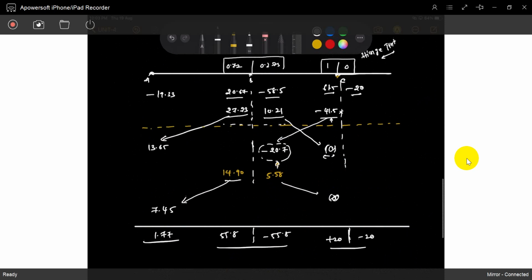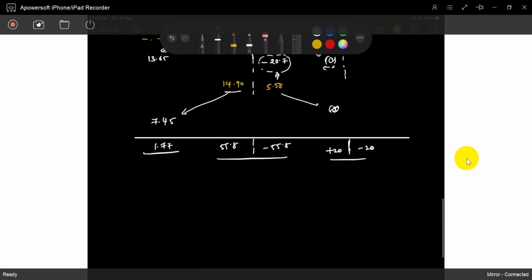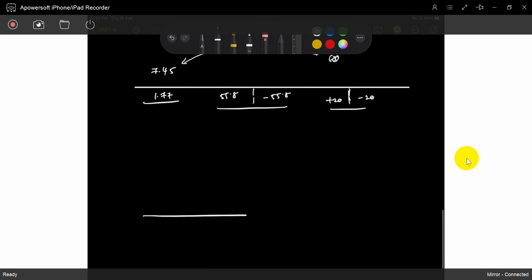That's it. You can draw the bending moment diagram. This is a hogging moment of 55. It's 20, it's 0. But it's positive, positive is there. So it will come like this.